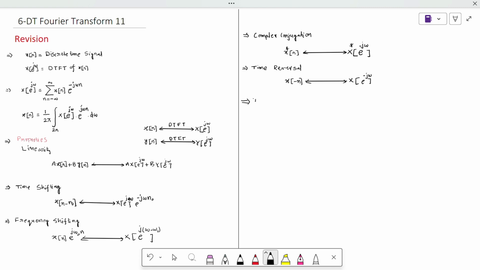Next one, time expansion. So x of n by k, that is equal to x of n by k for the case where n is a multiple of k, and 0 for n not a multiple of k.